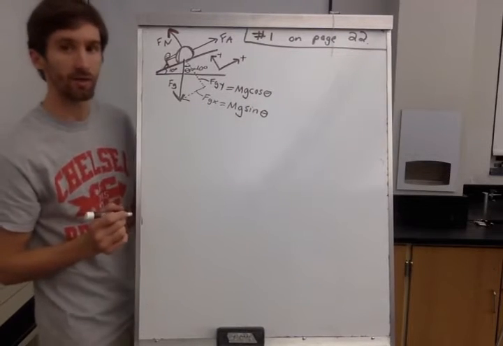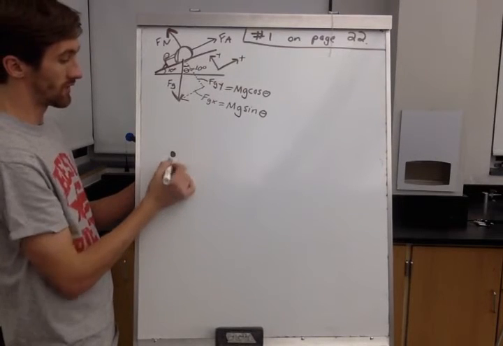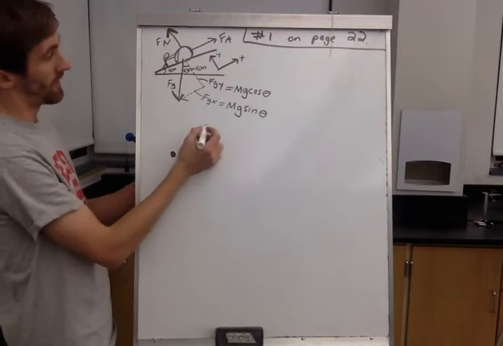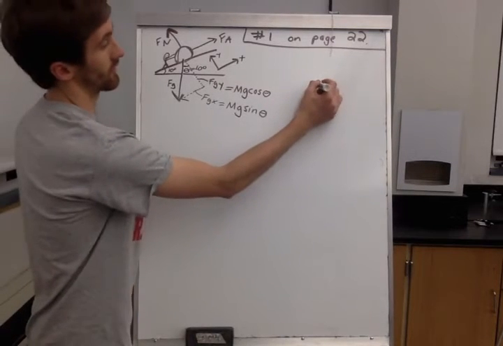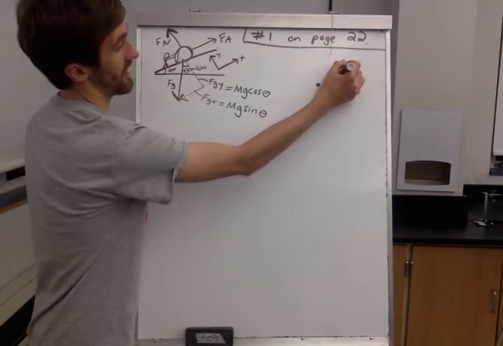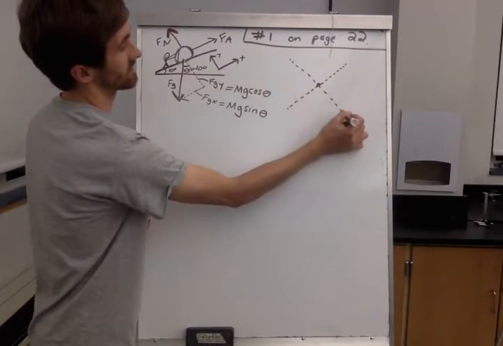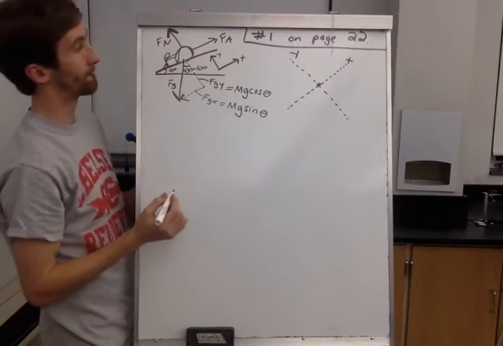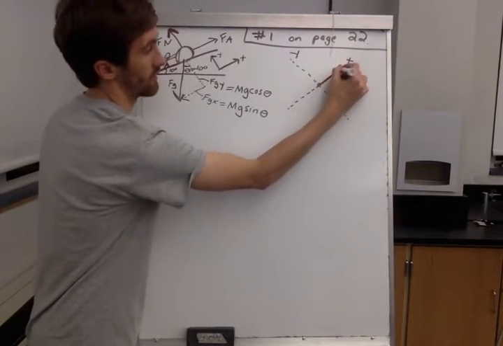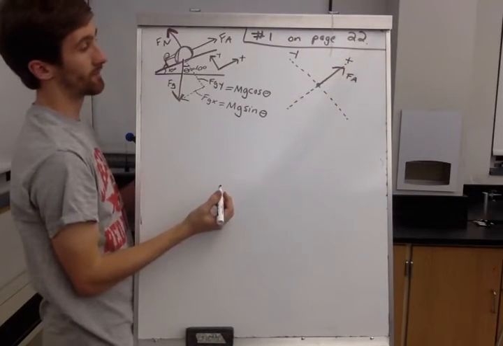And now I'm going to draw my free body diagram. I'll do it up here, it'll give me a little more space. Got to draw my x-axis and my y-axis. So x and y. And I'm going to draw, going in the x direction, the force of Amy.